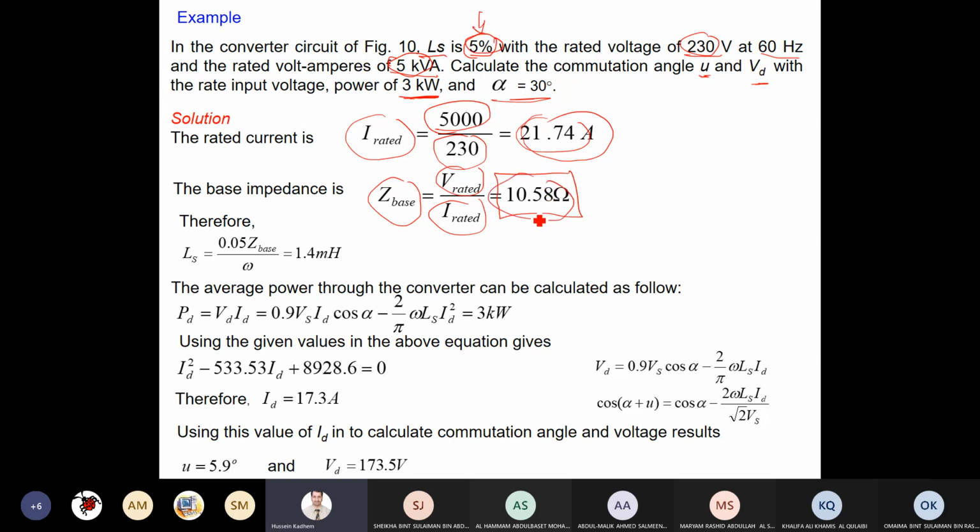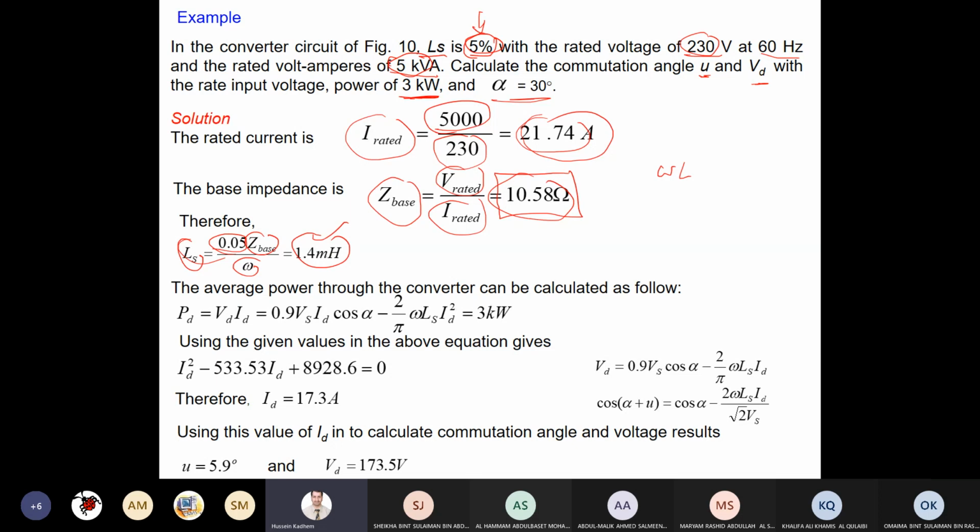Of 10.58. You got it? Now don't forget, this inductance is part of the impedance, it means omega L. So L is 0.05, which is 5%, times Z base over omega. I got L. So you see here, rather than giving it directly, I give you some information, you follow it, and then you find the inductance. Easy.